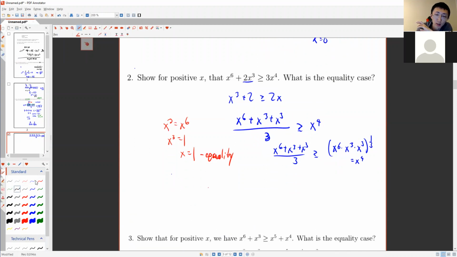So here, if I divided both sides by 3, we would get x to the 6th over 3 plus 2x. So basically the weights are 1/3 and 2/3. Normally in two variable AM-GM, the weights are all equal. But here, as long as the weights add up to 1, it's fine.